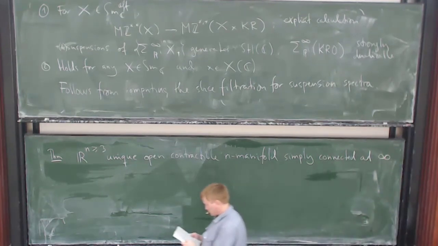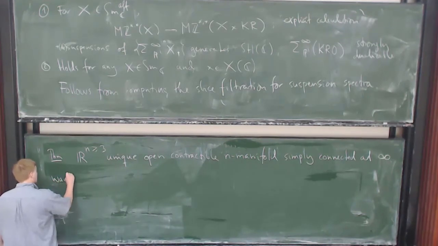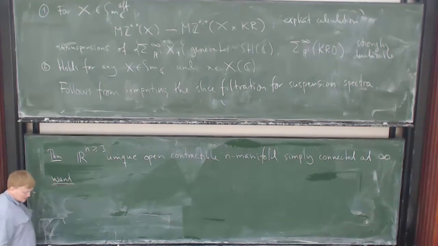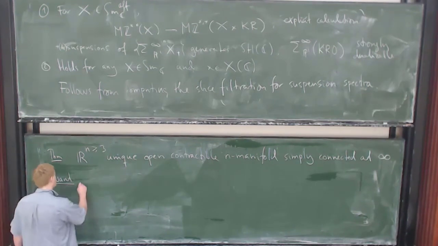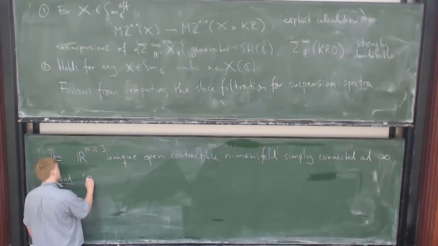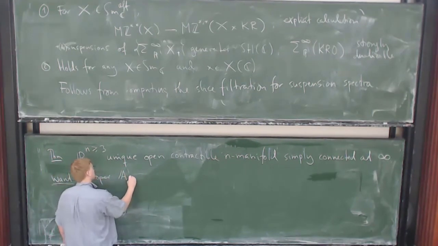So what I want is a theory where it makes sense to talk about some motivic homotopy groups at infinity. So I want a version of proper, say, proper A1 homotopy theory.